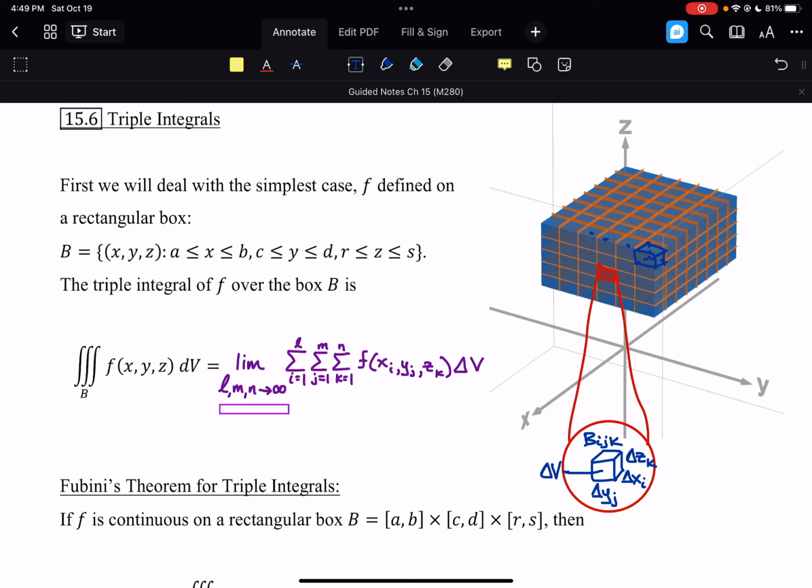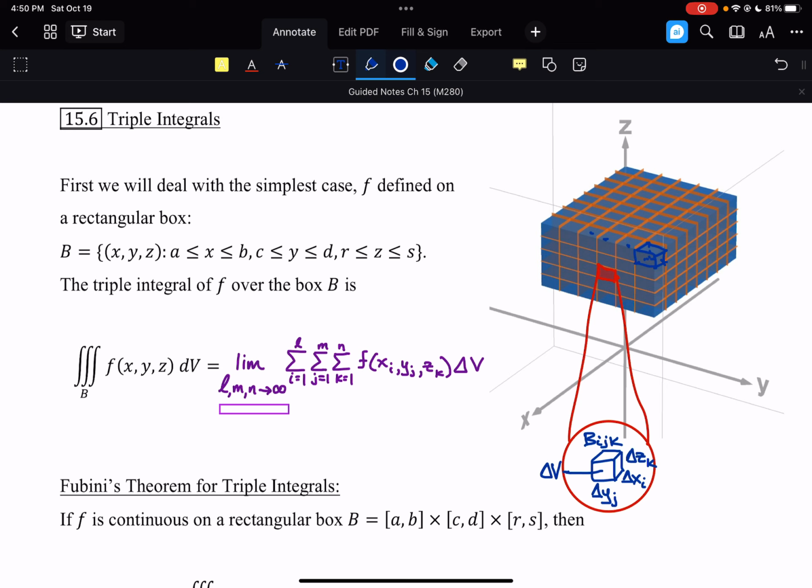So we take the limit as the number of boxes in the direction of x, y, and z, so that's l, m, and n, goes to infinity. The boxes all shrink smaller and smaller and give us better and better approximations to the actual value.